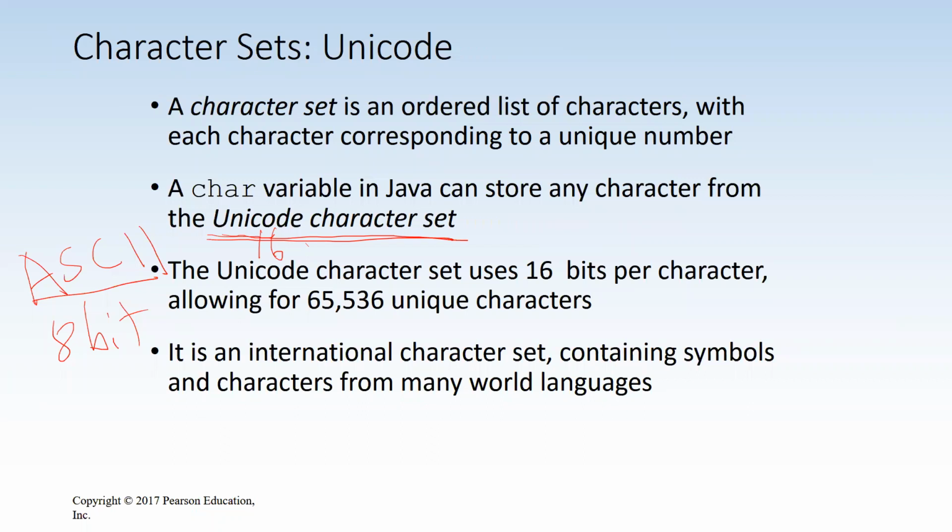Why is that possible? Because it uses 2 bytes, which is 16 bits, which is large enough if you change the arrangement of the ones and zeros. The Unicode character set uses 16 bits per character, allowing this many different unique characters.